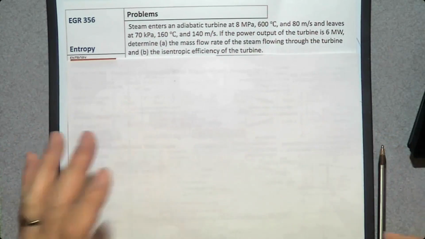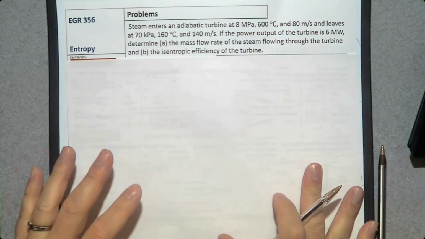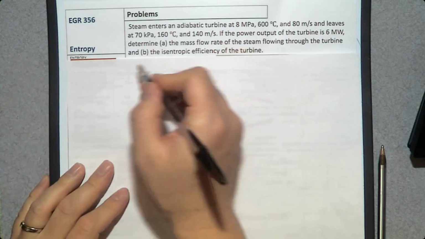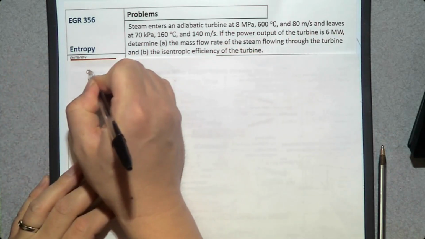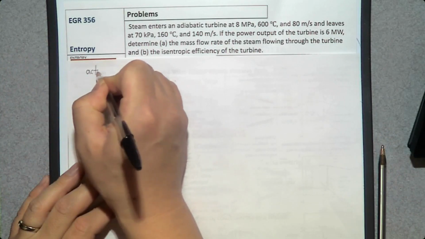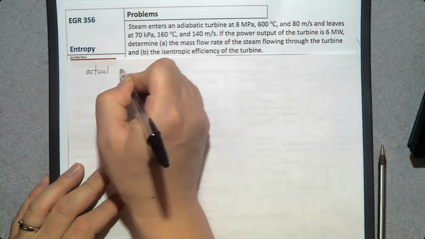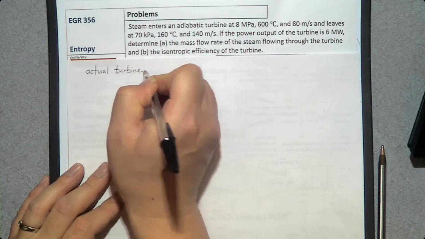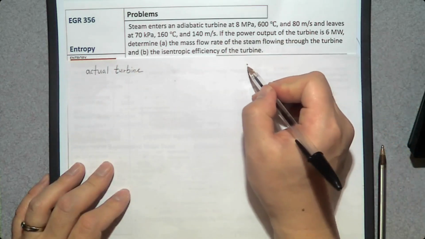So let's solve this problem. The simplest way to solve this problem is to do two analyses. One is for the actual turbine, and the other one is going to be the isentropic turbine.